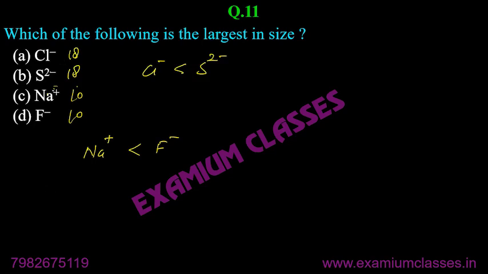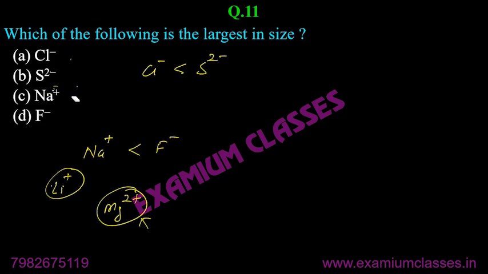Do you remember I talked about that lithium plus and Mg2 plus I compared? I said that Mg2 plus will have a smaller size. Why? Because the number of protons, 12 protons, have much higher force of attraction. Here also you might say that we are moving from 11, for example, if I am not considering the ionic form, I am considering only the protons.